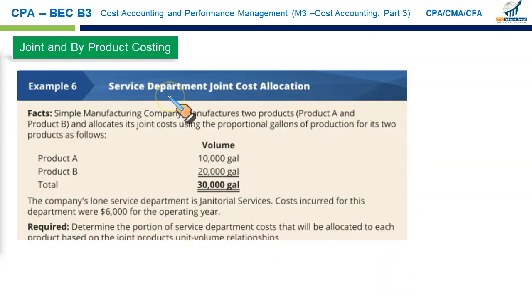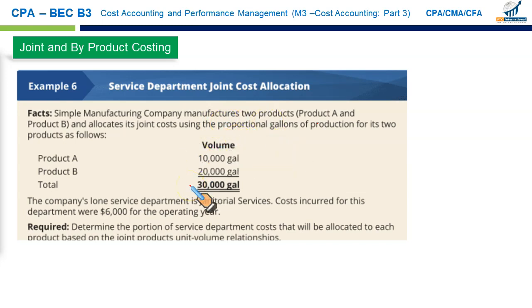Then we have service department cost allocation to joint products. We use the same way. The allocation of service department cost, like in this example, can be made to joint products using the joint products' unit volume relationship. So it's exactly the same.